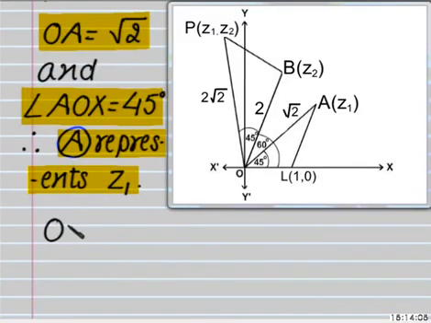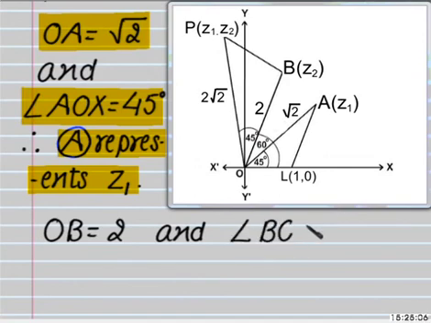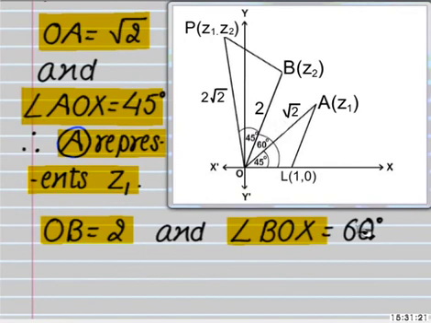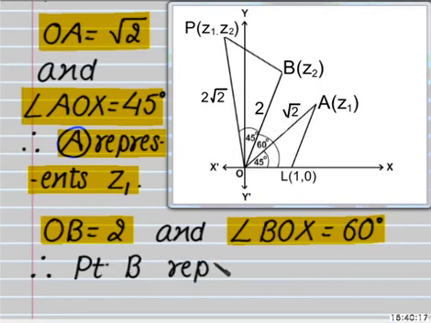Further, OB equal to 2 and angle BOX is equal to 60 degrees. Therefore, point B represents complex number Z2.